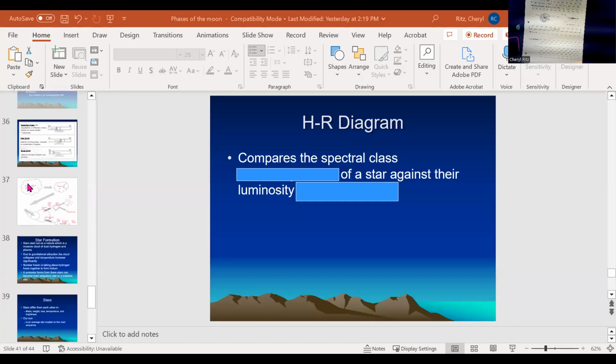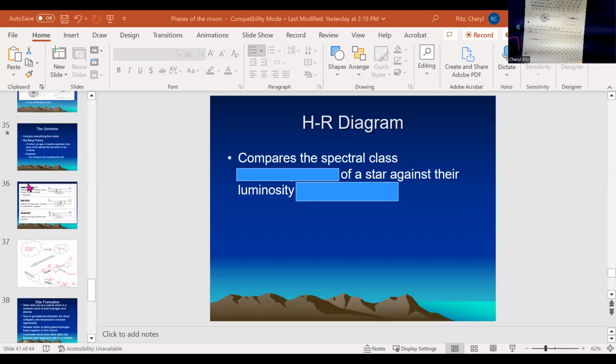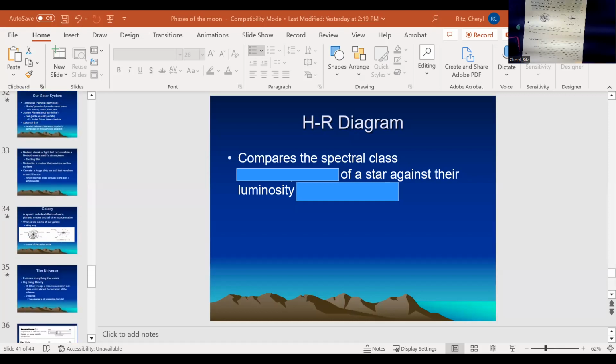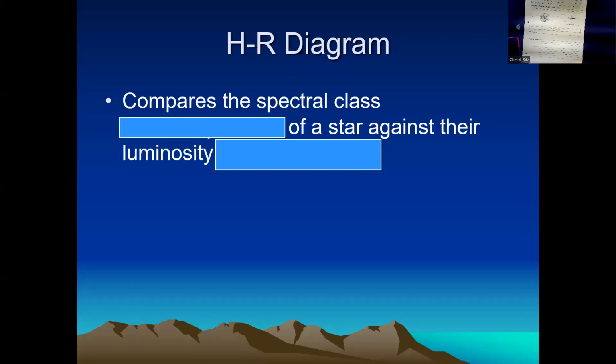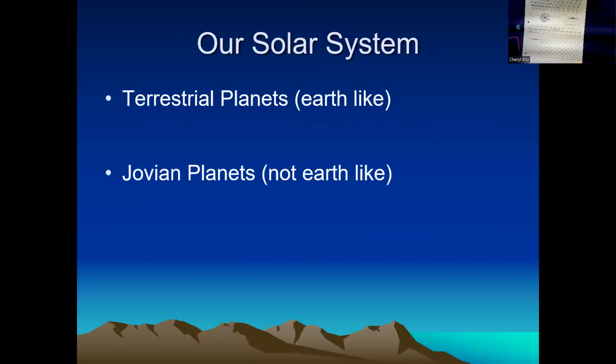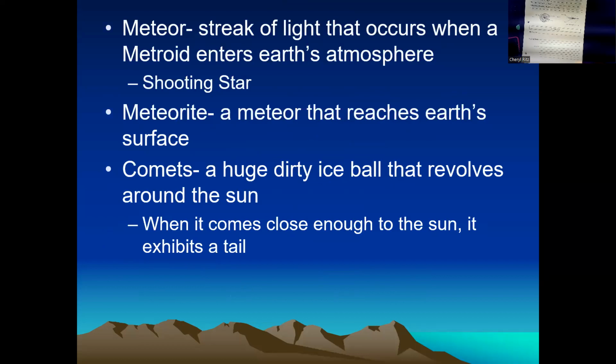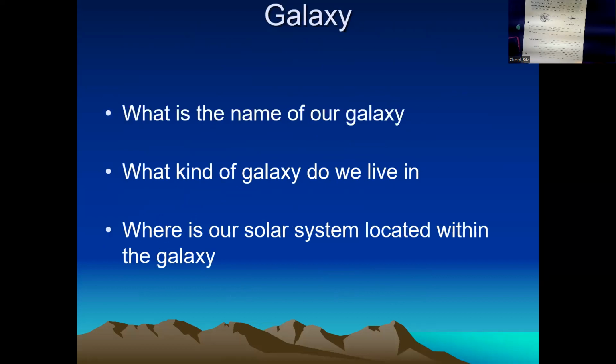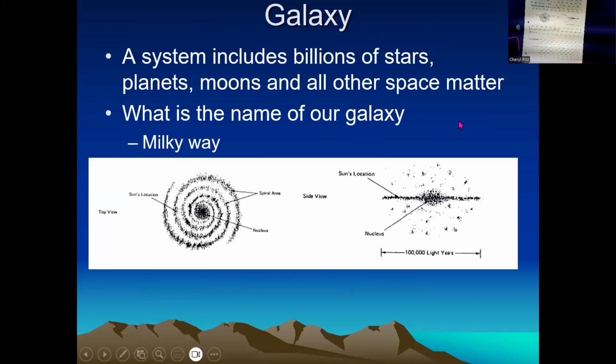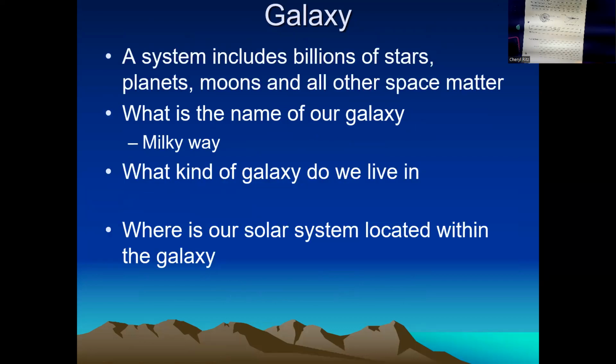So we're on the page that starts with galaxy. We are just about done, but I am going to start there again, so it makes a little more sense what I'm talking about. A galaxy is not all the stars in the sky, but it is billions and billions of stars, planets, moons, and all the space matter that goes with them.